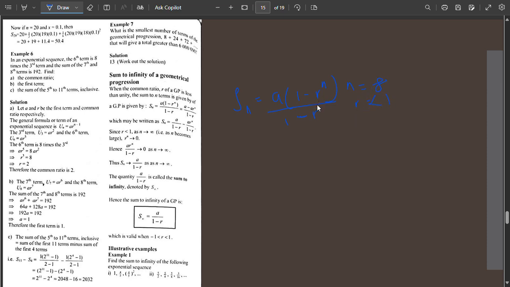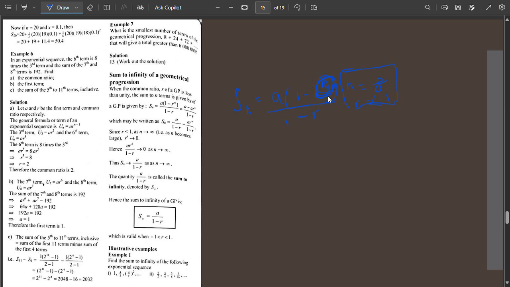Then under these conditions, we will end up having a very small value here, because a fraction raised to a very big exponent becomes almost 0.